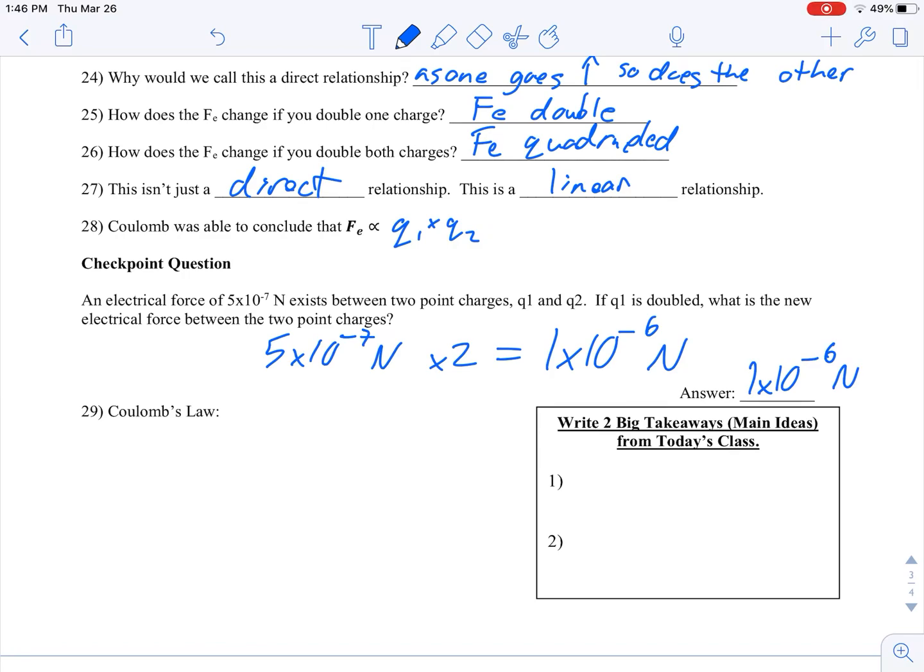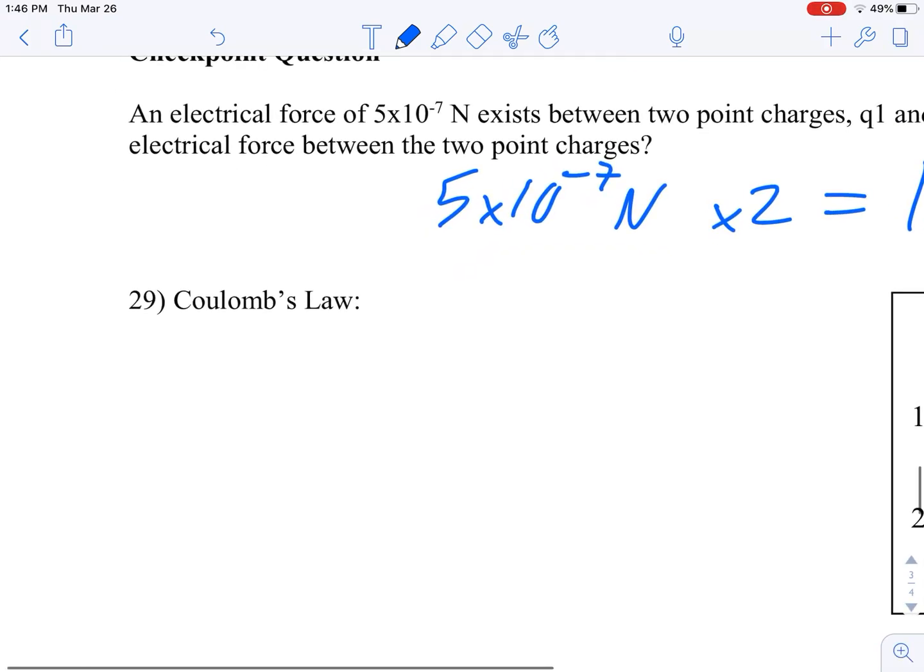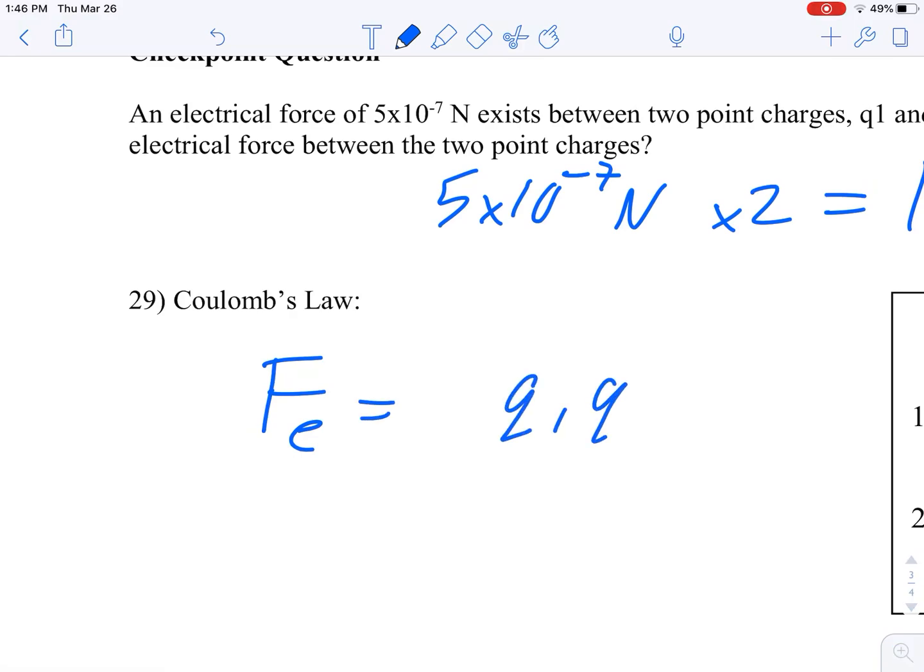Okay? And he was able to come up with Coulomb's law. He came up with the electrostatic force is equal to Q1 times Q2 over R squared, combining those two things that we just derived. Now, there was also a constant, just like with the law of gravitation, there was big G, that was just a constant. There's also a constant for Coulomb's law. It's a lowercase k. All right?